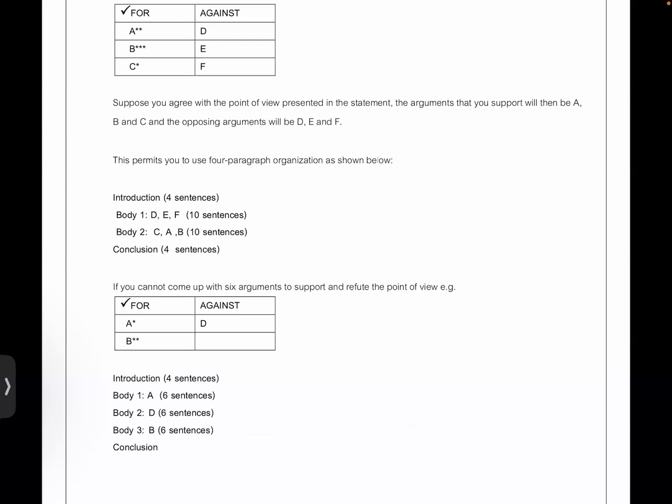And then you try to acknowledge the counter argument by presenting D. But then you have to be able to refute it, by presenting idea B, because B can refute D. So whatever D is, B will cancel it. A doesn't have to be related to B, all right, but B and D have to relate to each other because B will cancel D.